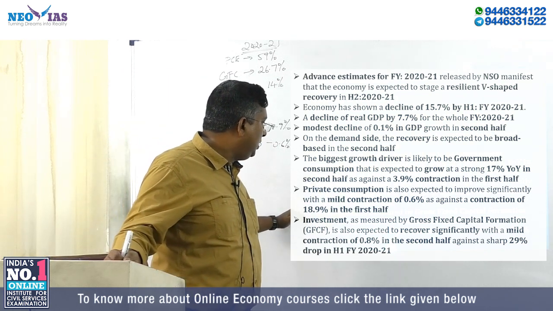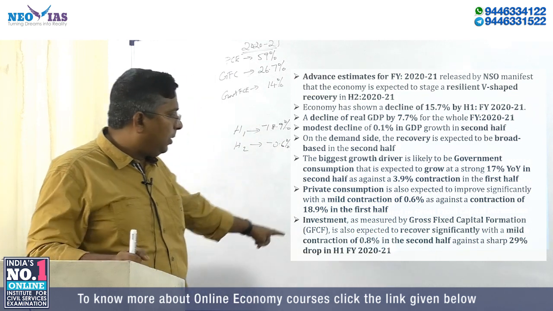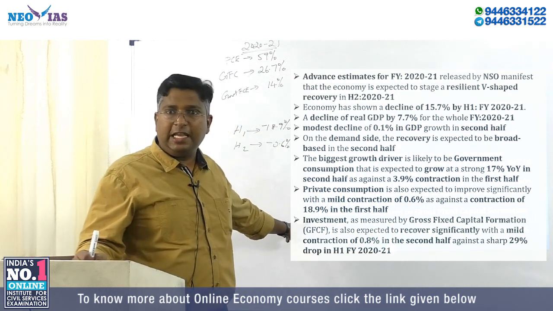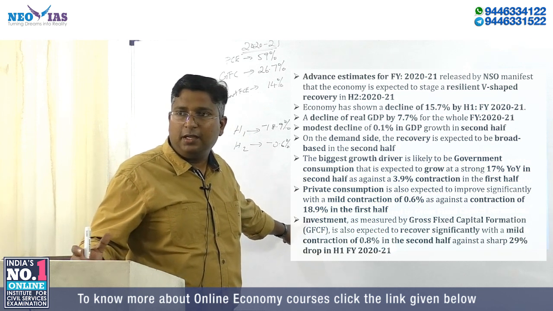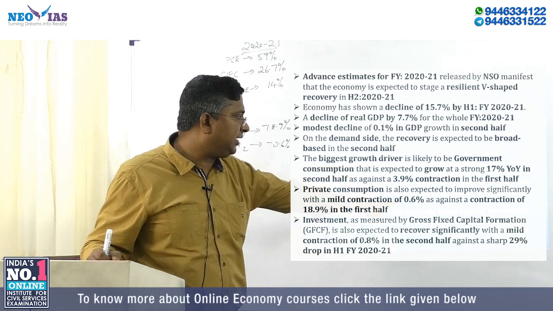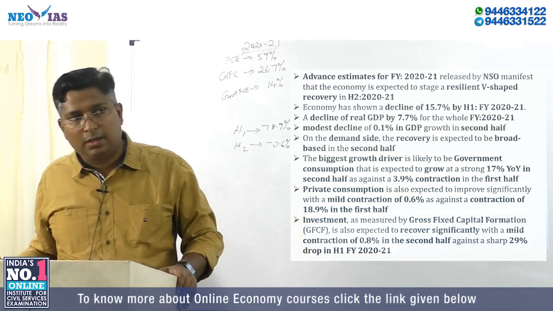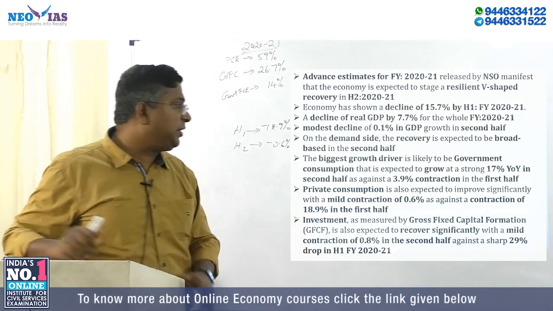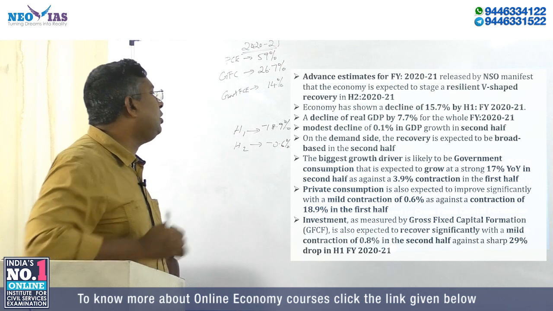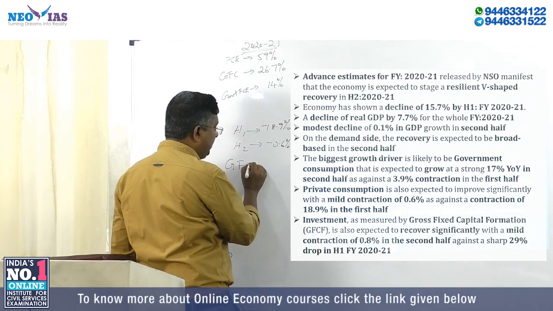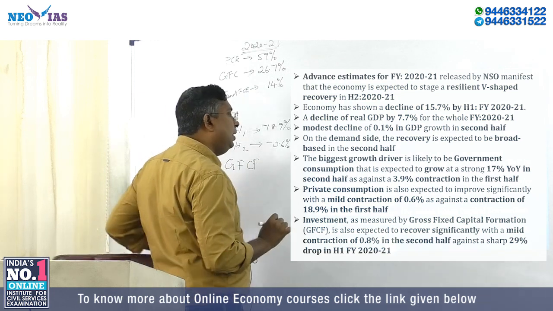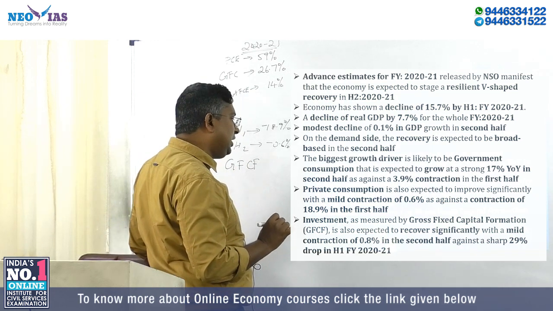Now coming to investment. See, this is the economic survey. Investment is measured by what figure? What is that instrument called? Gross fixed capital formation. The investment measured by gross fixed capital formation is expected to recover.